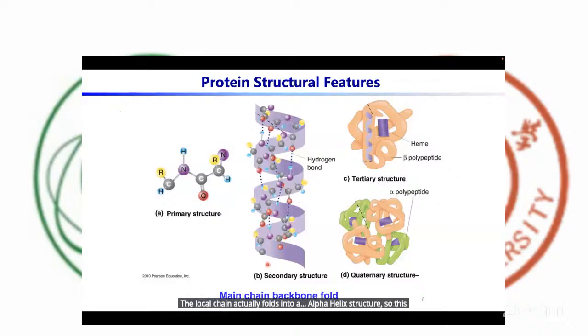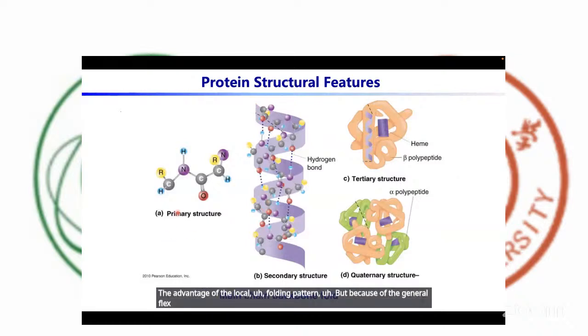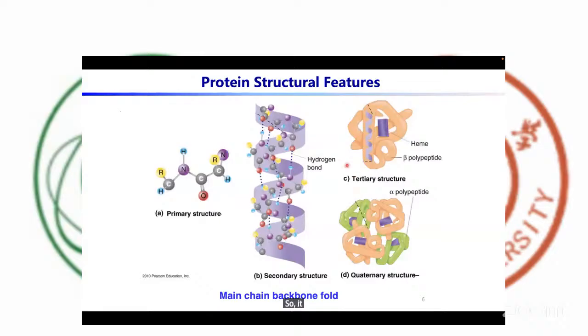This is called a secondary structure, which defines the local folding pattern. But because of the general flexibility of the long amino acid chain, it typically folds into a globular type of structure called tertiary structure.